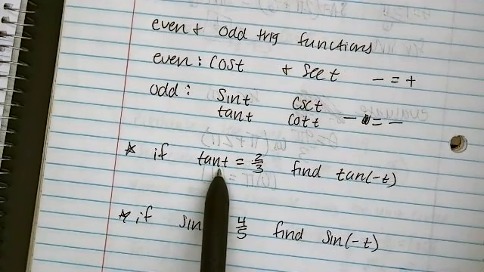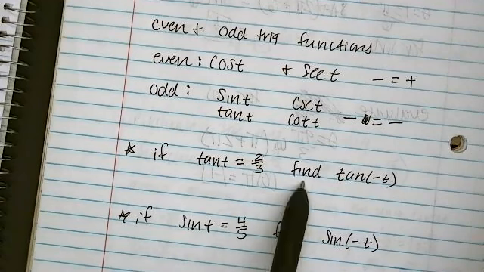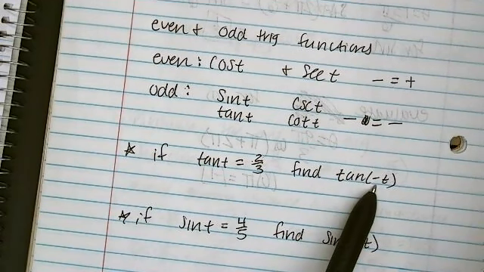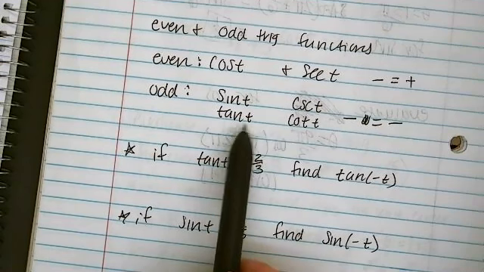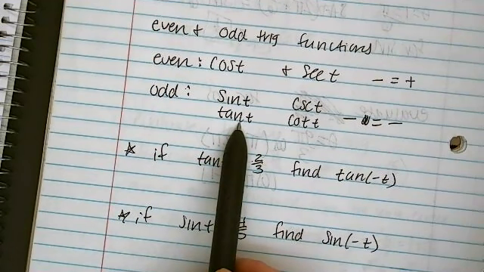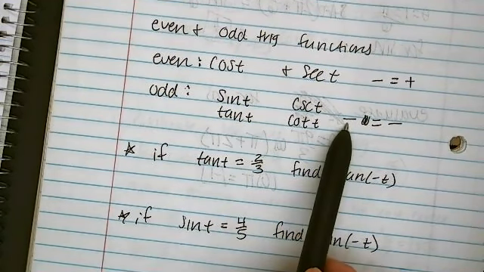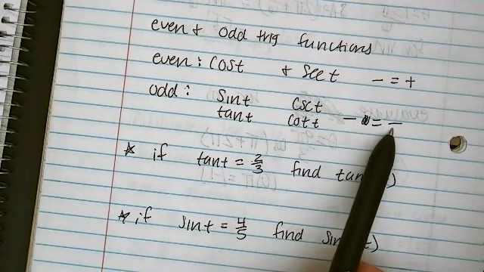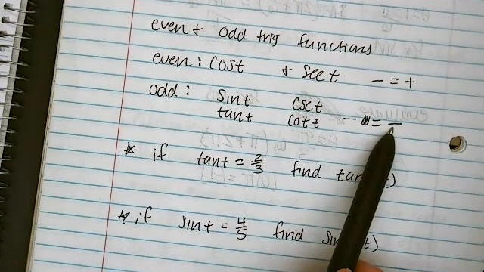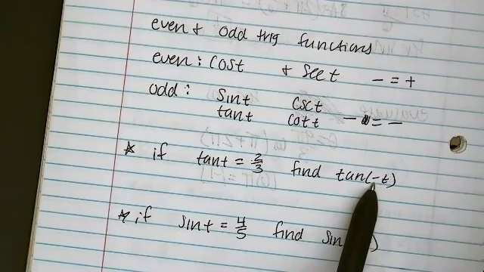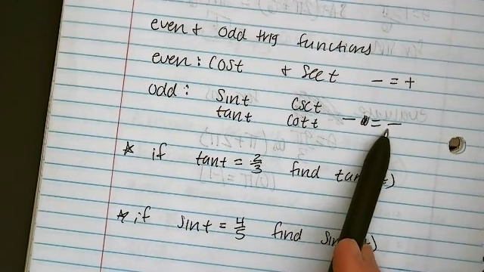If given tangent of t is 2/3, find tangent of -t. Tangent is an odd function, meaning you put in a negative and it outputs a negative. We are currently inputting a negative t, so it should output a negative as well.